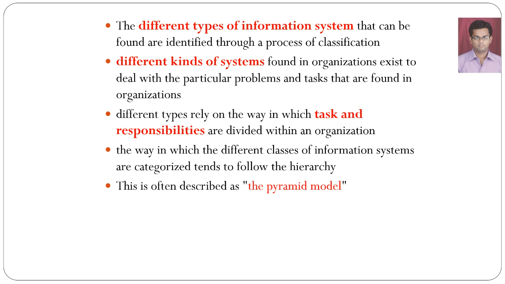Different kinds of systems found in organizations exist to deal with the particular problems and tasks that are found in organizations. Different types rely on the way in which tasks and responsibilities are divided within an organization. The way in which different classes of information systems are categorized tends to follow the hierarchy. This is often described as the pyramid model.